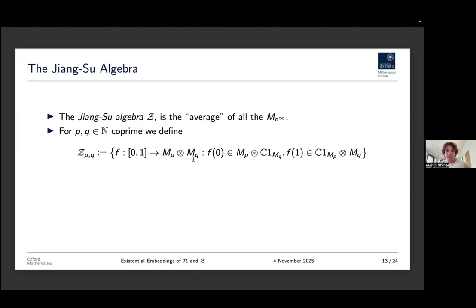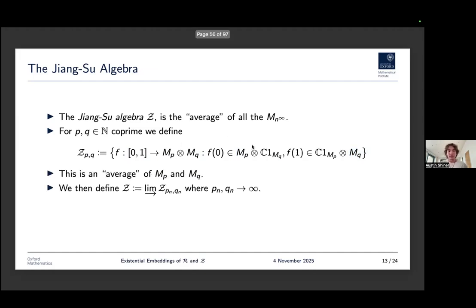Number one, on the left-hand side, at 0, we require that f at 0 lands in Mp tensor some scalar. And on the right-hand side, we require that it lands in scalar tensor Mq. So in some sense, this Z_pq is some sort of average of Mp and Mq. If p and q were 2 and 3, this would be some average of M2 and M3 somehow.